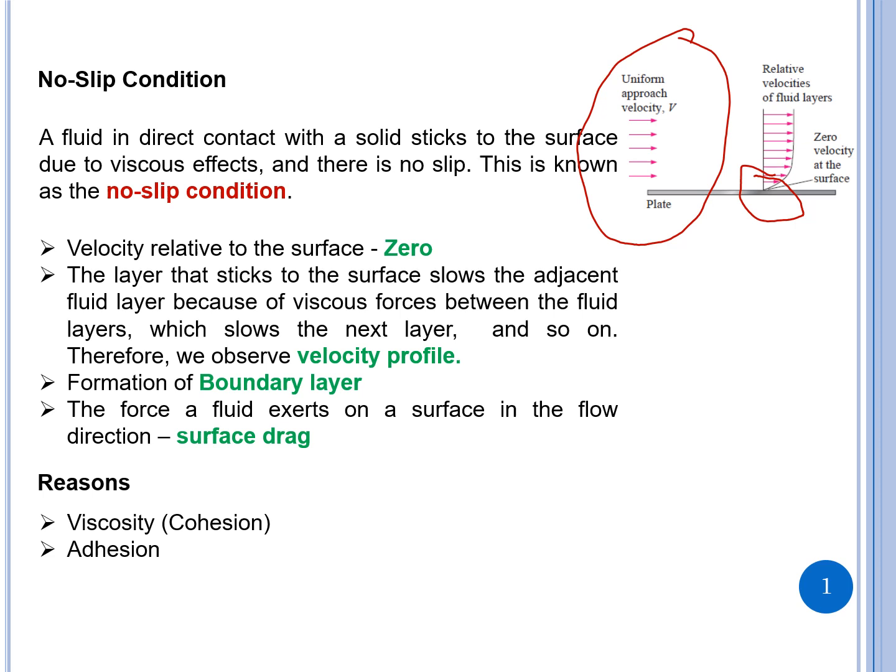As it goes away from the plate, its velocity keeps on increasing. So instead of a uniform profile, it has a velocity profile where the velocity is zero at the surface, and as it goes away from the plate the velocity increases, and we have a profile like this.